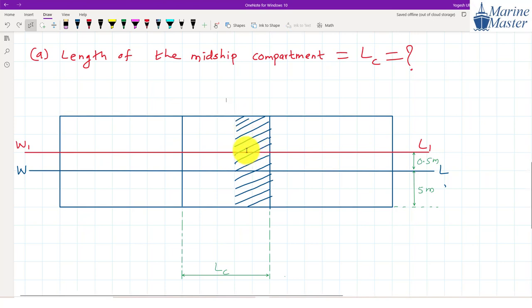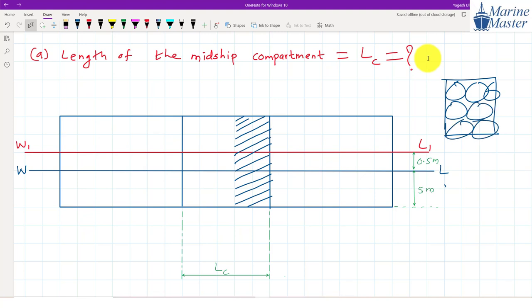So guys, see the scenario. Just imagine that this is our midship compartment, and in that we have a cargo something like this. But to make the thing simple, these things are vacant space.